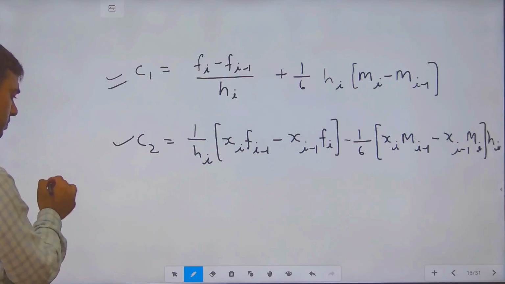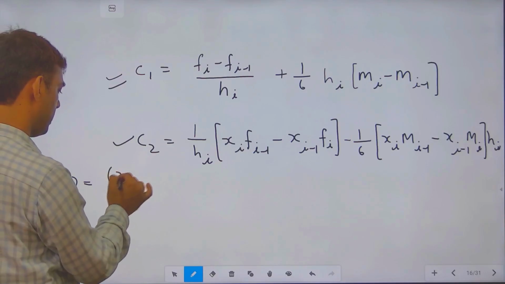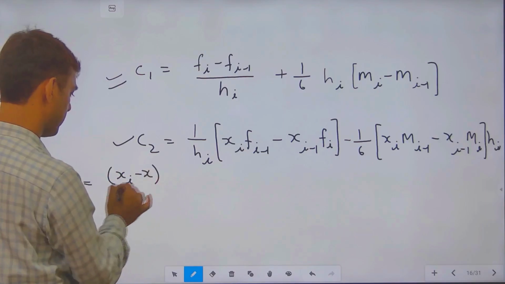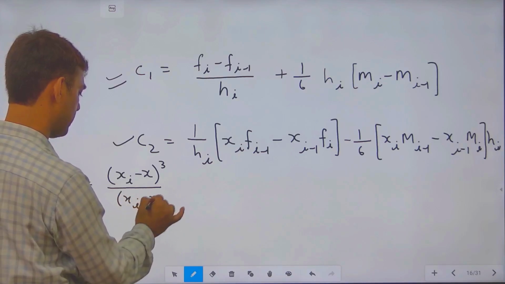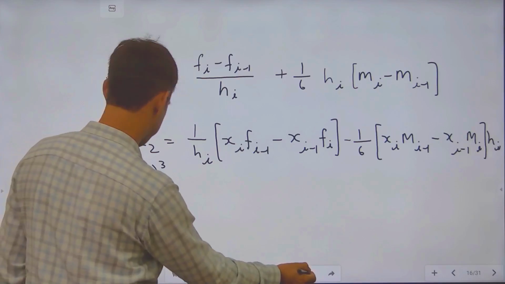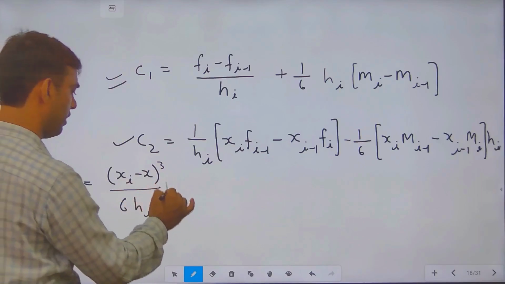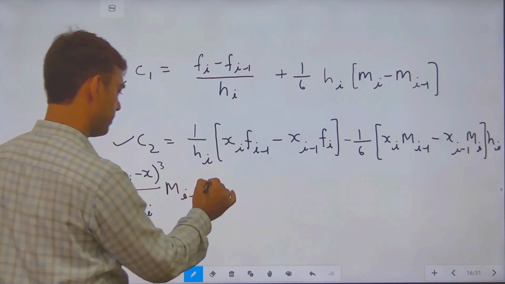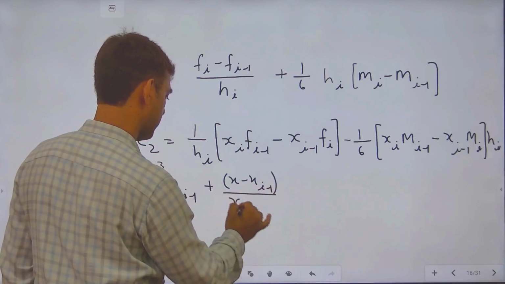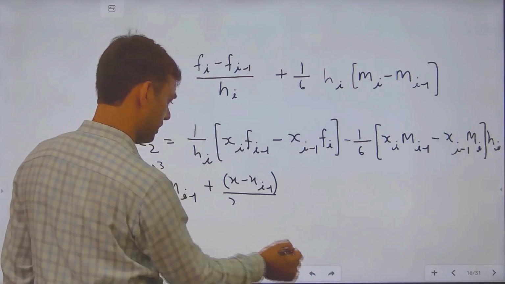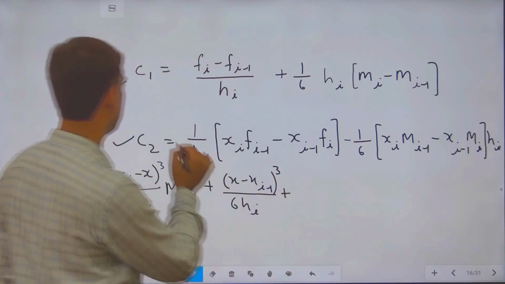Now f(x) becomes: the first term is (x_i minus x) whole cube divided by x_i minus x, or if we write in terms of h_i, this becomes 6 h_i M_{i-1}, plus (x minus x_{i-1}) whole cube divided by 6 h_i M_i, plus c1 x. Here we put the value of c1.